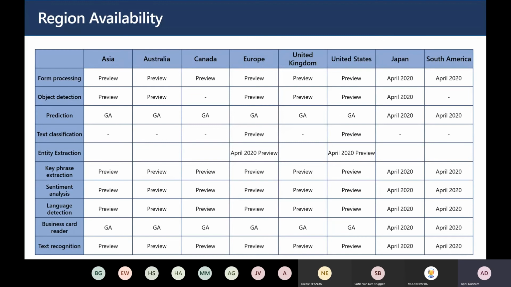Obviously, the availability, as far as whether this is a preview functionality or general availability, might vary by region. So it's just a chart showing you, as of right now and looking ahead, what different forms processing and AI Builder functionalities are available in which regions as preview or general availability.